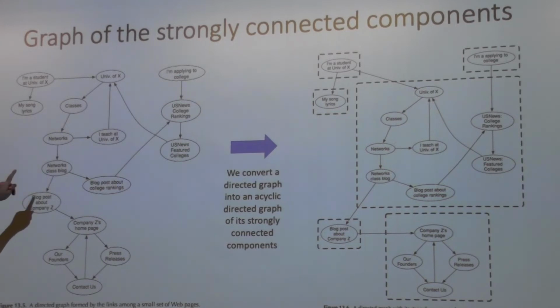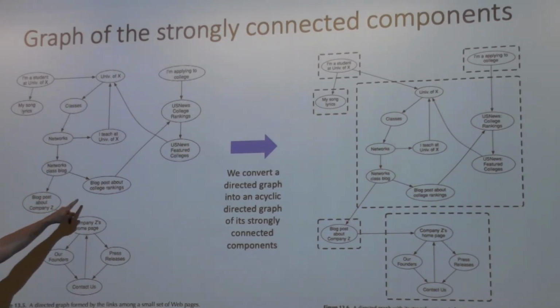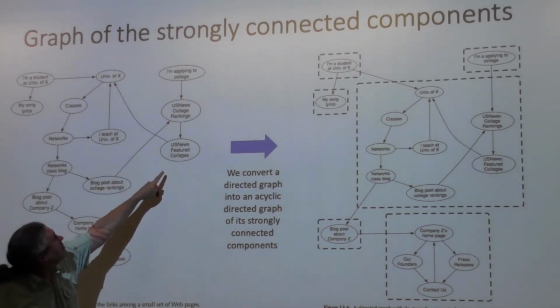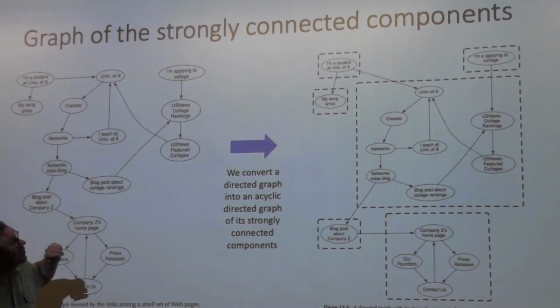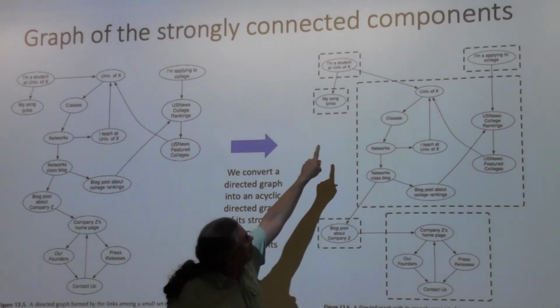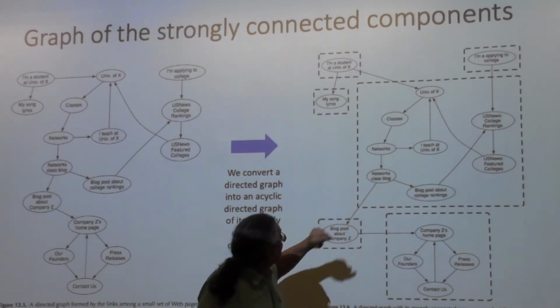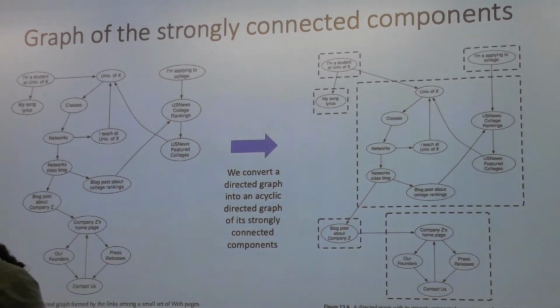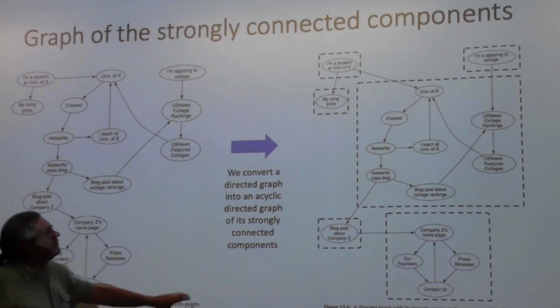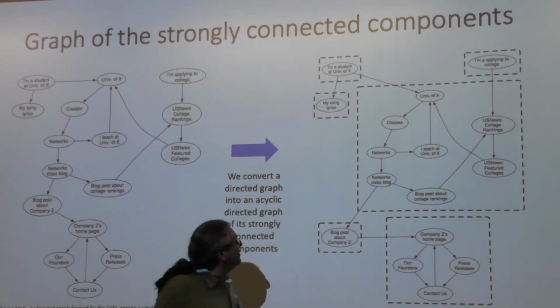So for example, you have University of X, classes, networks, class blog, blog post, rankings, featured column, go back to university. So all of those nodes are a strongly connected component. So you can turn that into a single supernode here. So this is a supernode.